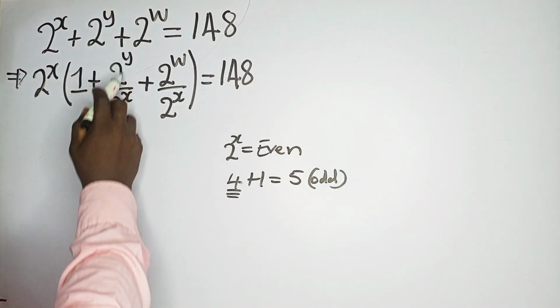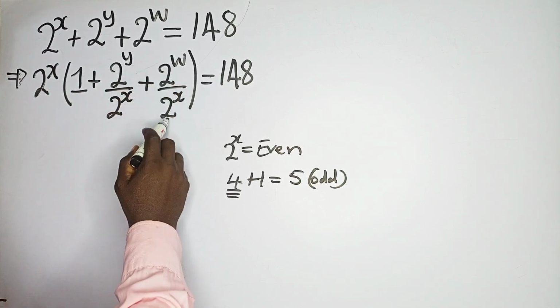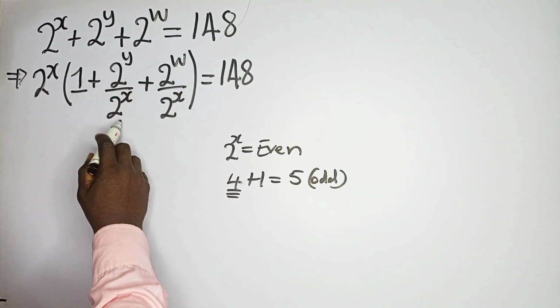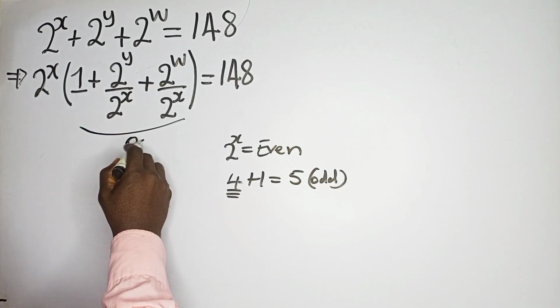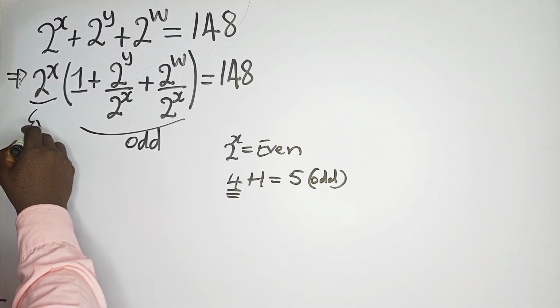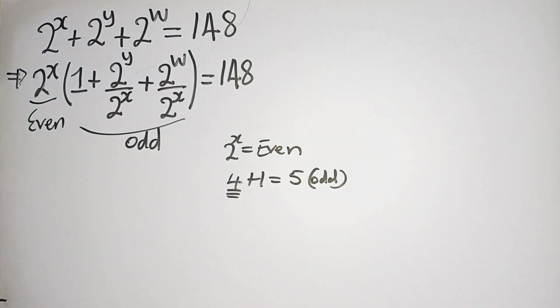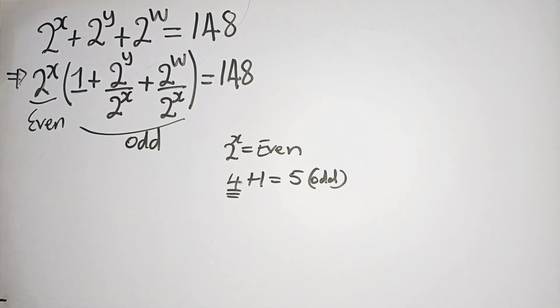2 raised to the power y, all over 2 raised to the power x is even, plus an even expression. Even plus even will always give us even. But the moment we add 1, the whole thing becomes odd. So this is an odd number, this is an even number. So the nature of the left-hand side here is an even number multiplied by an odd number.